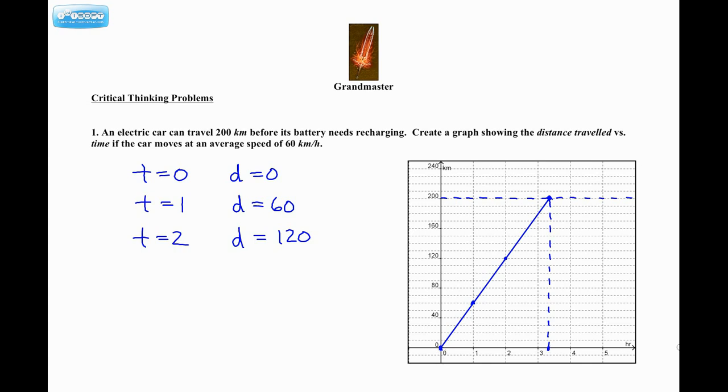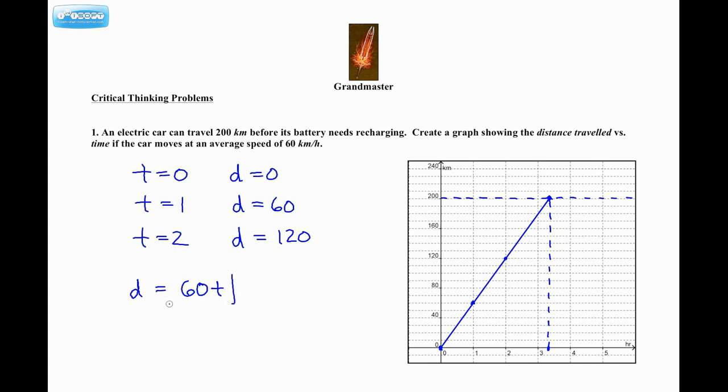So we just need to describe the domain and range. And it might be useful to look at an equation. We know that distance is our speed times the time, our average speed. So that would be 60 times t.